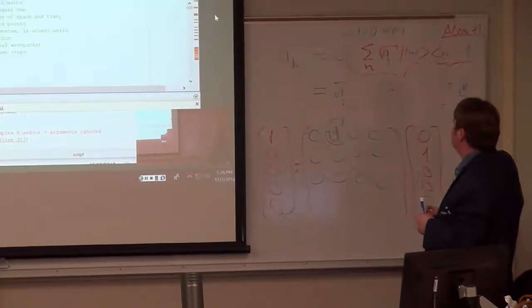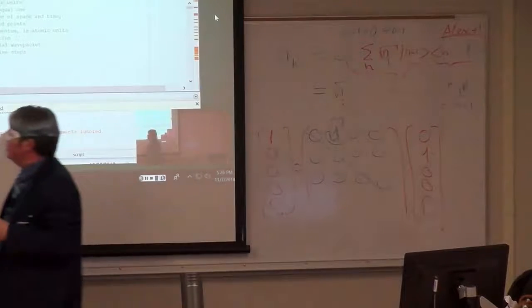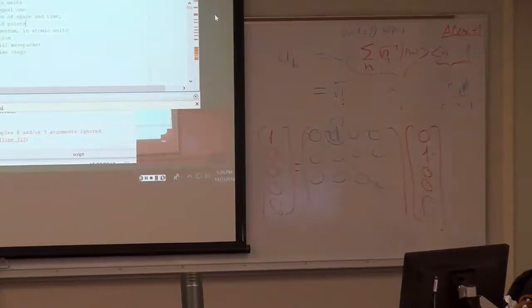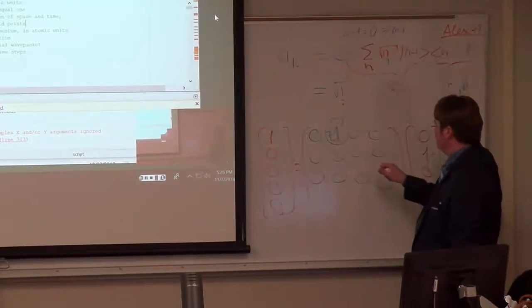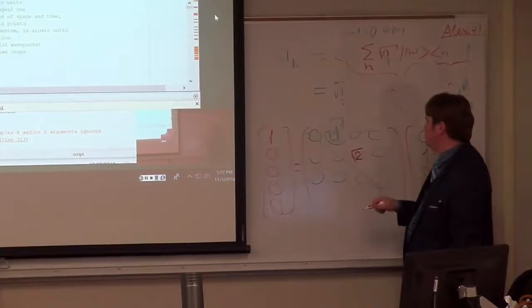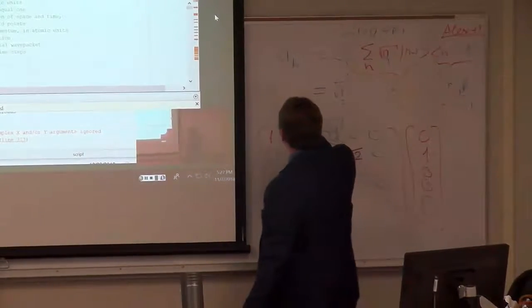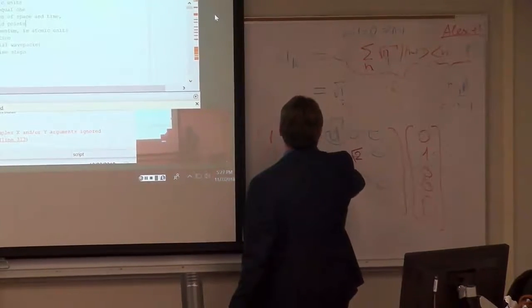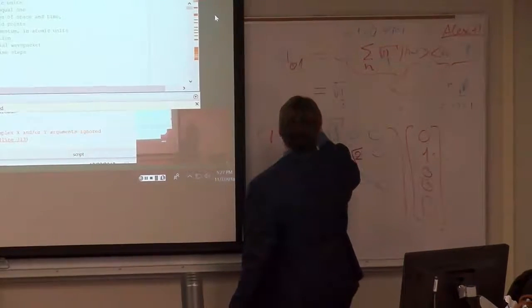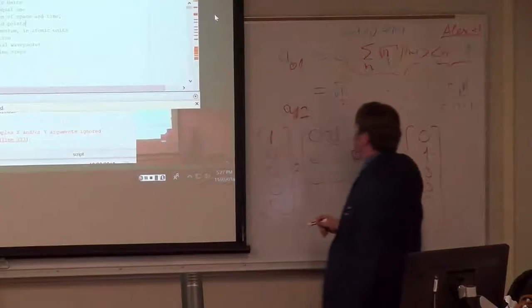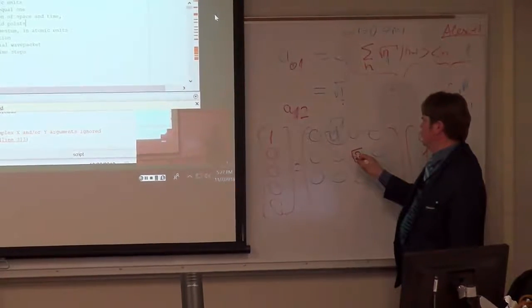So if, let me go here and make a correction. n minus 1, n. Yes. Now, if this approach was correct, we should get square root of 2 for the element A 1, 2, right?